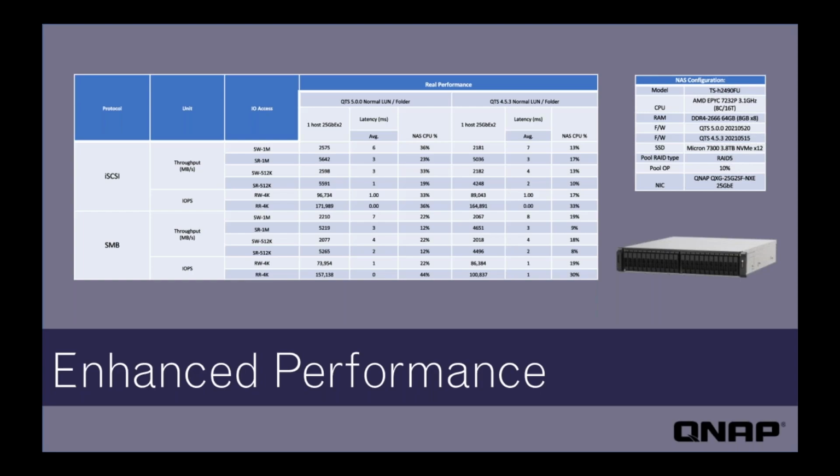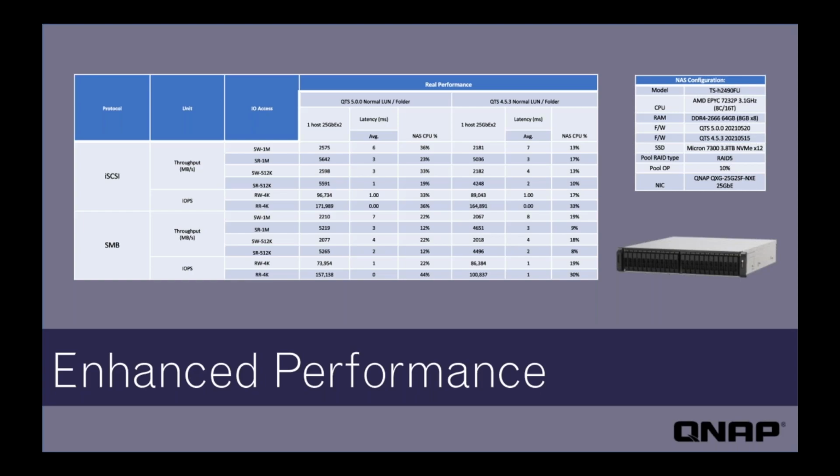Here at QNAP, we ran some tests with our TS-h2490FU NAS running the new QTS5, and the results are actually pretty impressive. As you can see here, some of the comparison of running the previous 4.5.3 versus 5.0, and in the vast majority of categories, you get some substantial boosts.